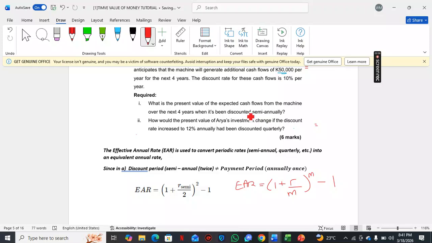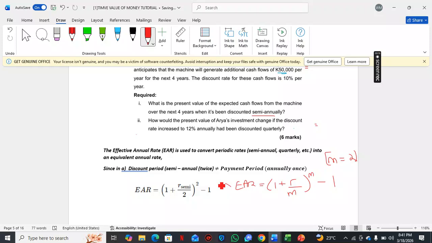Since it's discounted semi-annually, M equals 2. Semi-annually means it's compounded twice, or in this case, discounted twice. So M equals 2.